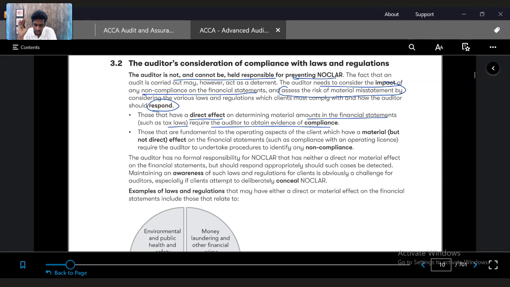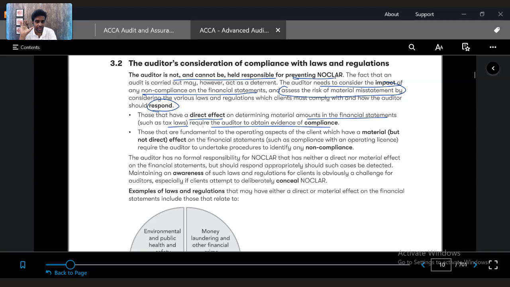For any non-compliance that has a direct effect on the financial statements, like tax laws or the Companies Act, auditors are required to obtain evidence of compliance. When they read the financial statement, they need to check whether it is following the rules and regulations of taxation and of the Companies Act as well, because otherwise it has a direct effect on the financial statement, since the Companies Act and the taxation provisions mention what's supposed to be part of your financial statements.